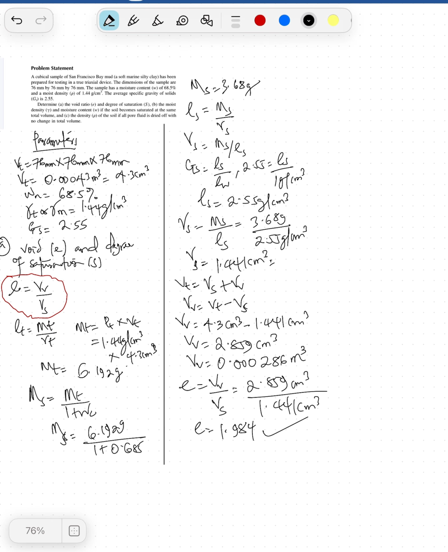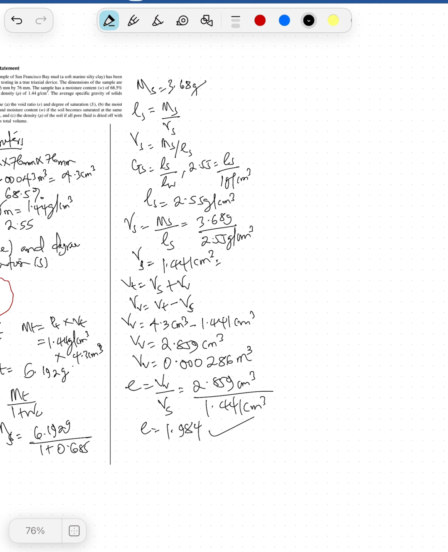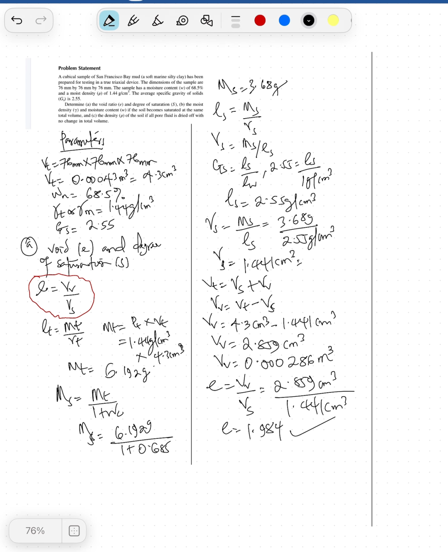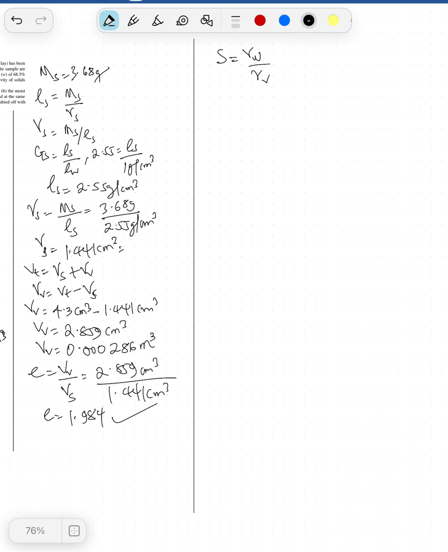So the next thing is to obtain the degree of saturation S. Now, degree of saturation S is volume of water over volume of void.